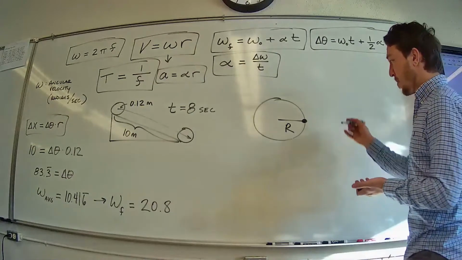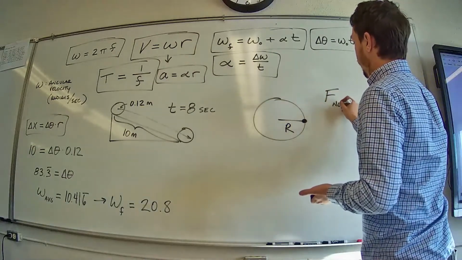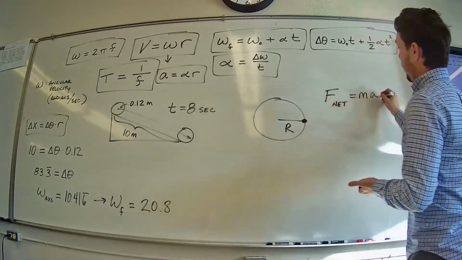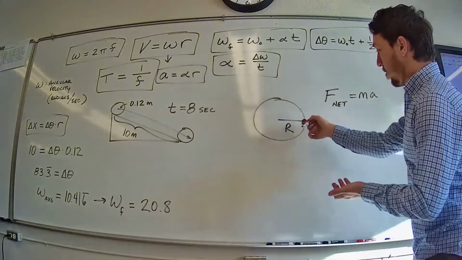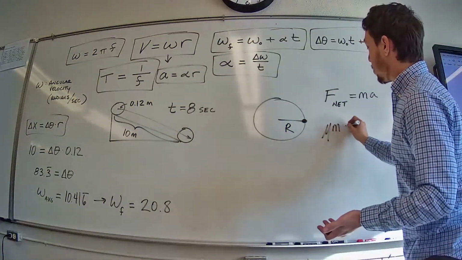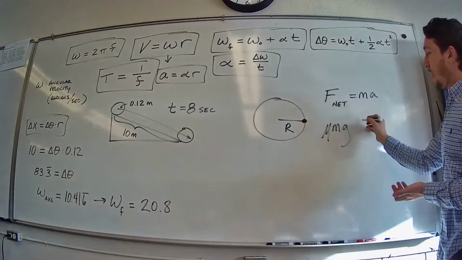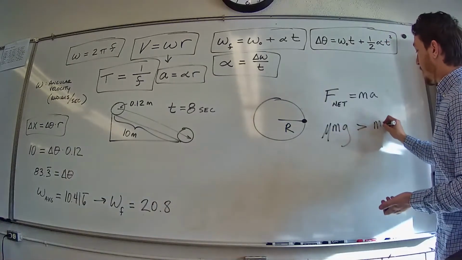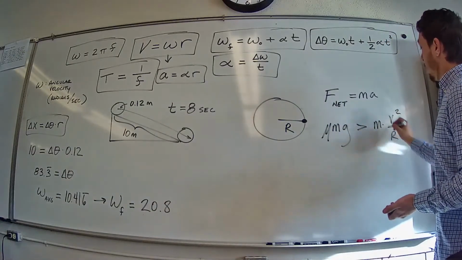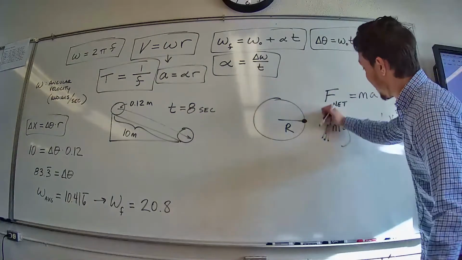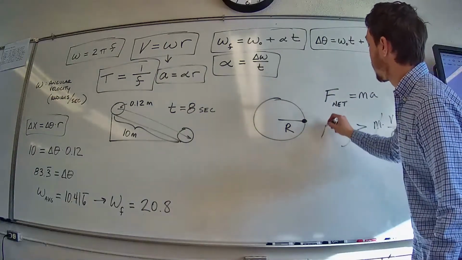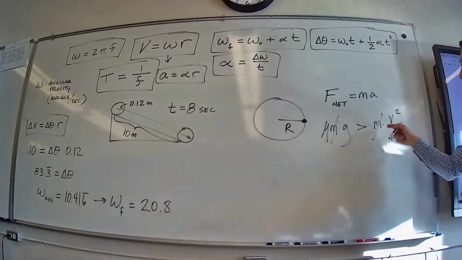I'll admit this one's going to be kind of fast, but we know F net equals ma. F net is friction, so mu times mg has to be bigger than mass times v squared over r. The m's cancel out, not the mu's, sorry, the m's cancel out.